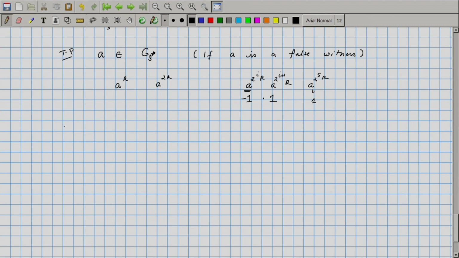So, therefore, we can conclude that 2 raised to I times R is a bad power. Okay. And since S star is the largest bad power, we can conclude that 2 raised to I times R is less than or equal to S star.